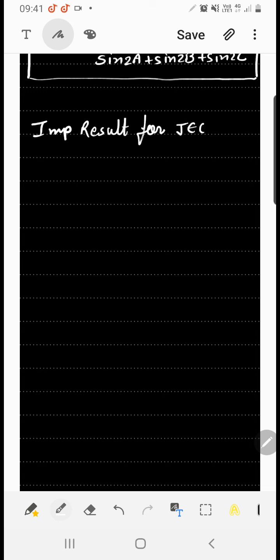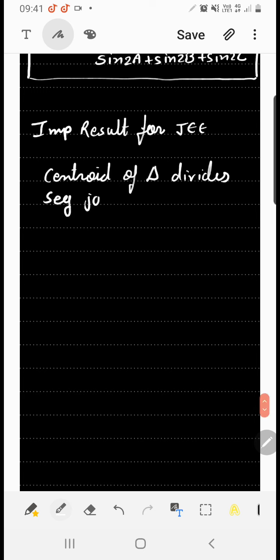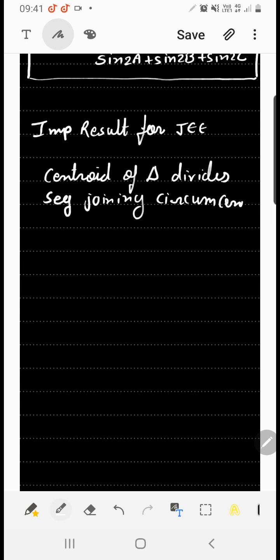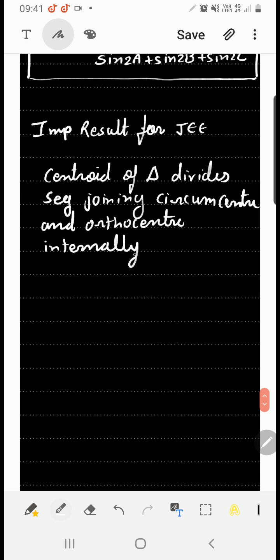Now that result says the centroid of a triangle divides the segment joining circumcentre and orthocentre internally in the ratio 1:2. Okay, it is a very important result.